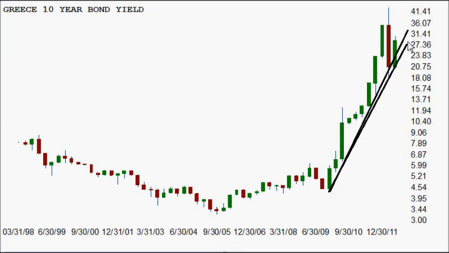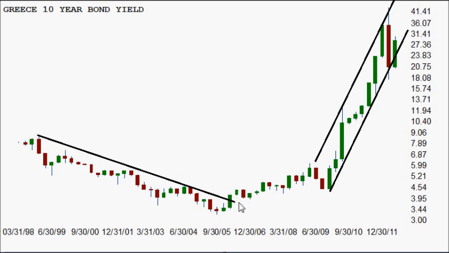This trend line is intact. If we draw a parallel line, we can do parallel lines for the entire duration. There's really three trends within this chart going back to the end of the 1990s. So you have this uptrend, you had this downtrend before, which you could make a parallel line, and maybe it might be better to draw the support lines first.